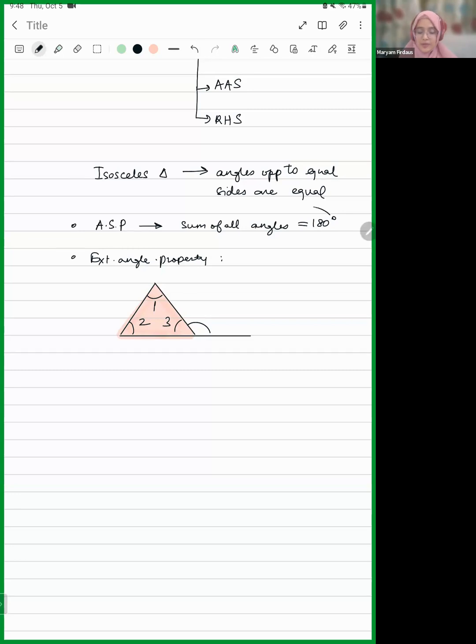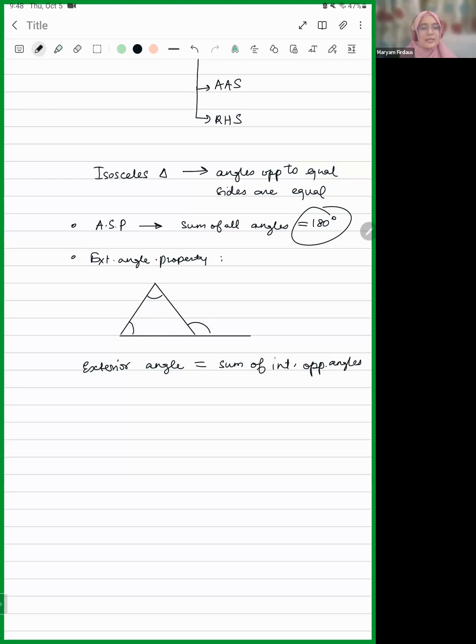But the exterior angle property says that the exterior angle is equal to the sum of interior opposite angles. See, this one is also an interior angle, angle 3. Angle 3 is also an interior angle, but here we're not talking about this. We are talking about interior but opposite, not adjacent. So interior opposite angles. What does this mean?